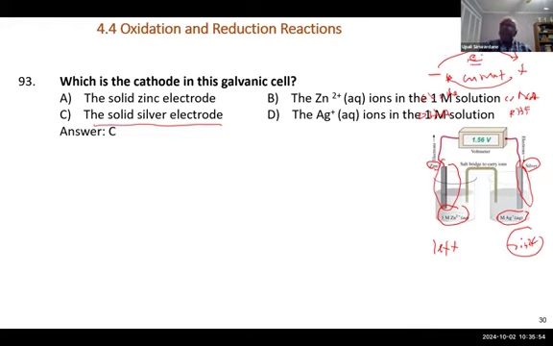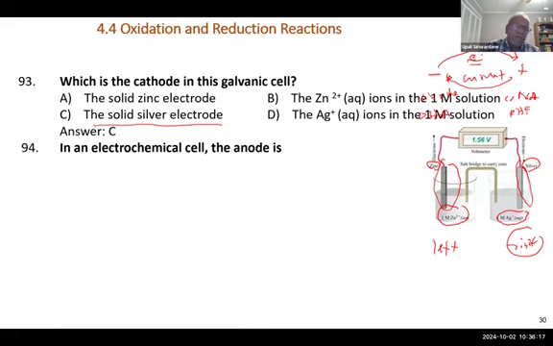Therefore, zinc to silver. Current flows from silver to the zinc electrode.